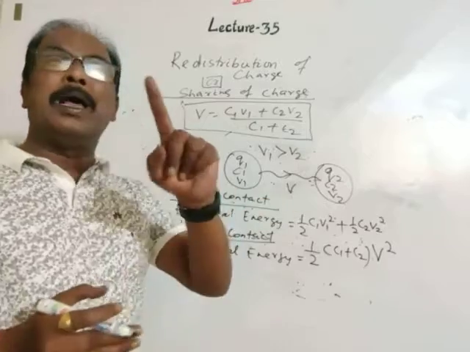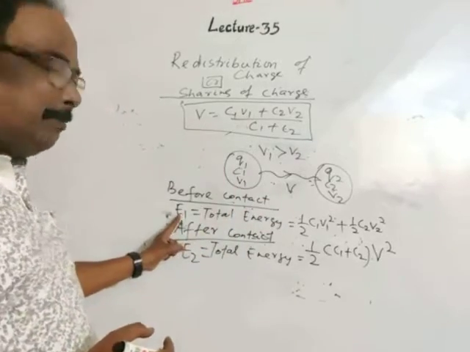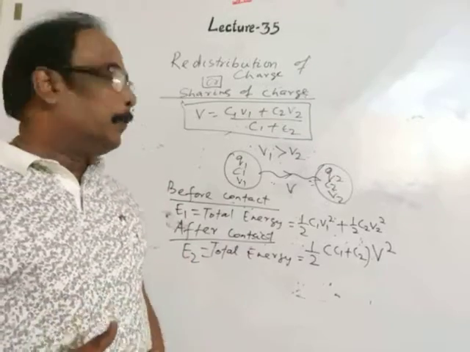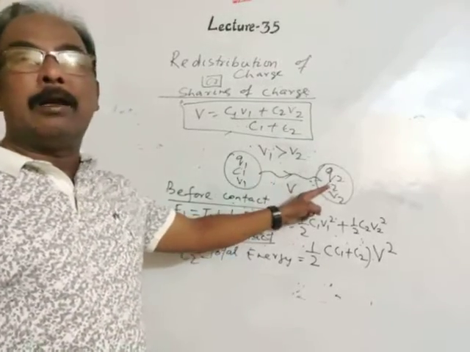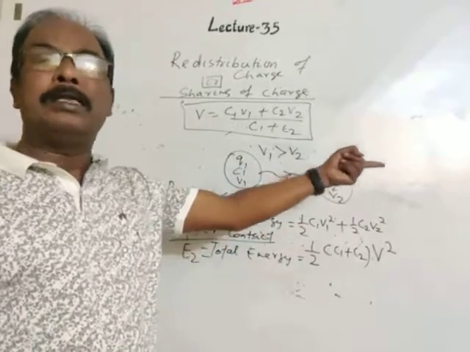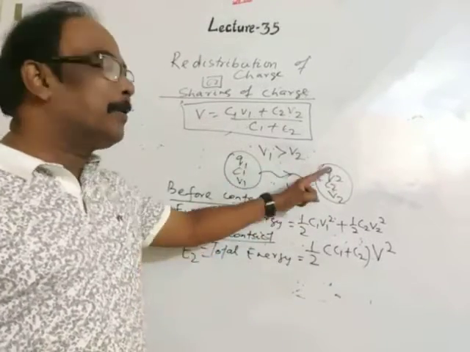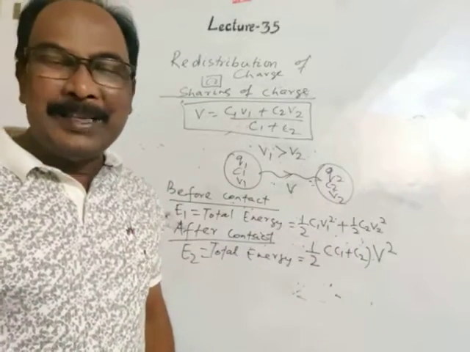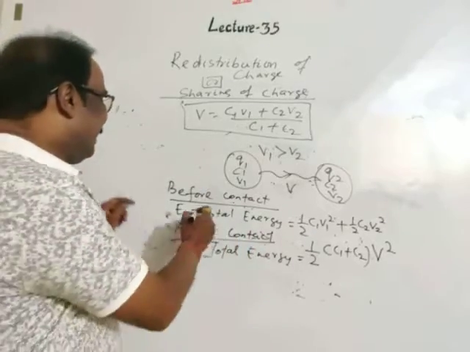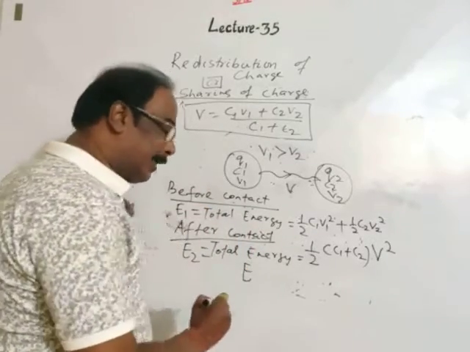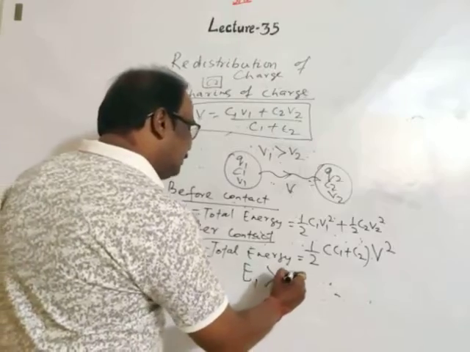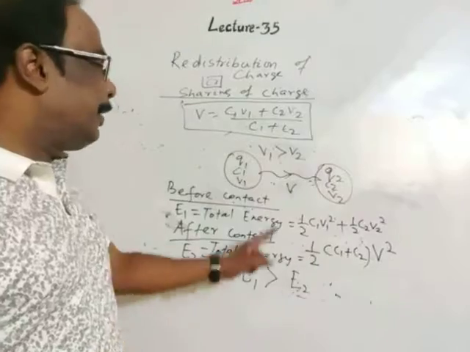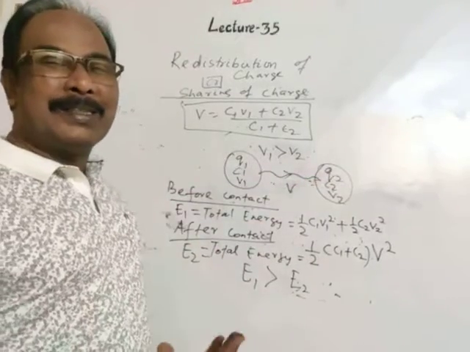Okay. Then which one is more? Energy before contact is more or energy after contact is more? See, when the bodies are brought in contact with the help of a conducting wire, then charge flows from the body at high potential to the body at low potential. Then energy is lost since work is done. So obviously, total energy before connection is more than total energy after connection, because energy is lost when charge flows.